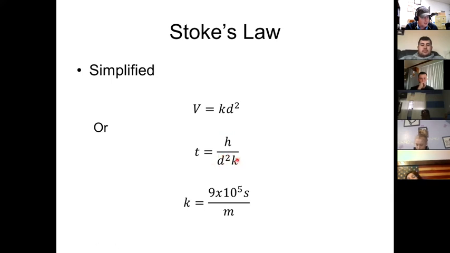And then k, that's just a constant right here, the 9 times 10 to the 5th second meters, okay? This is basically the viscosity. That's a better way to put it. It's viscosity. So this is the viscosity for water.